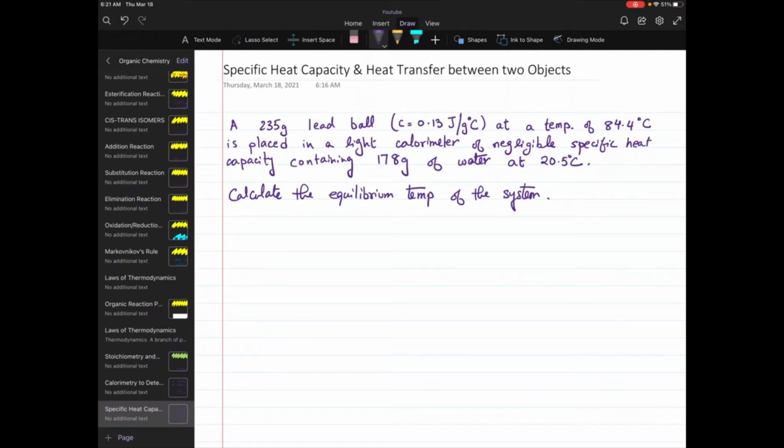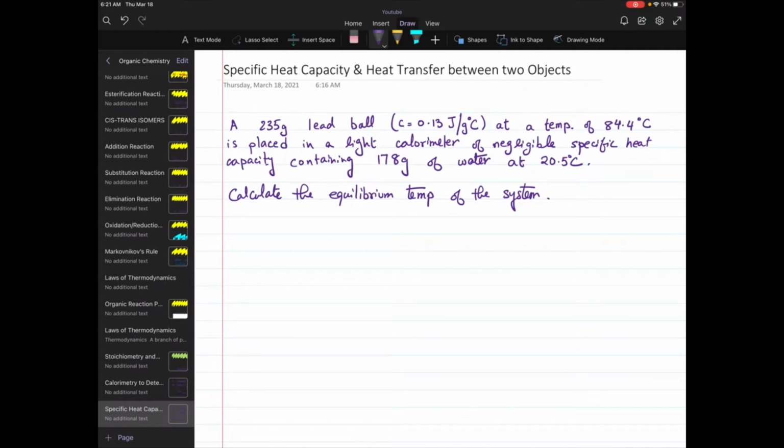All right, so let's look at all the components here. We have the lead ball, and we have the calorimeter which has the water. When we put the hot lead ball into the coffee cup calorimeter, or in this case the light calorimeter, the temperature of the water, which is at 20.5 degrees Celsius, will go up, and the temperature of the lead ball, which is 84.4 degrees Celsius, will go down until the final temperature is reached, in which case the temperature of the lead ball and the temperature of the water is going to be the same.